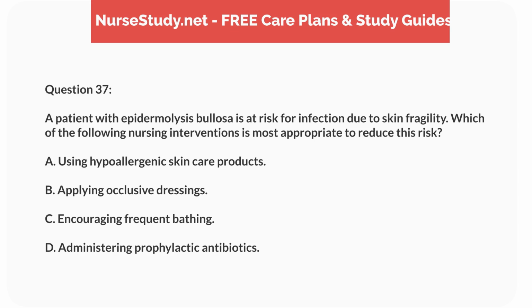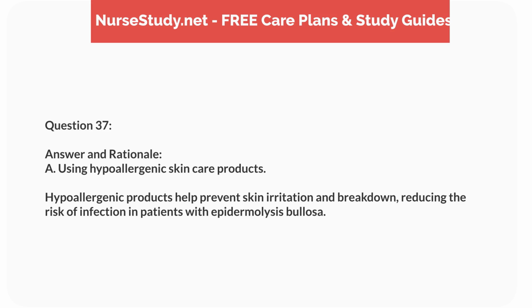C. Encouraging frequent bathing. D. Administering prophylactic antibiotics. Answer and rationale. A. Using hypoallergenic skincare products. Hypoallergenic products help prevent skin irritation and breakdown, reducing the risk of infection in patients with epidermolysis bullosa.